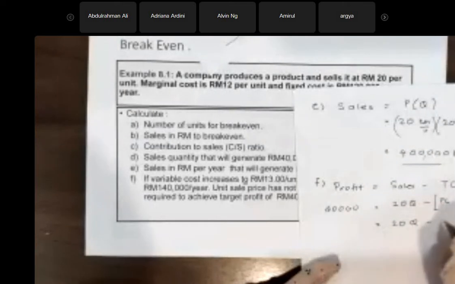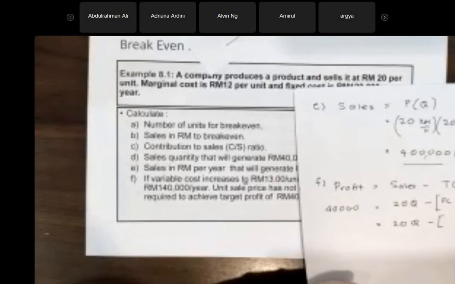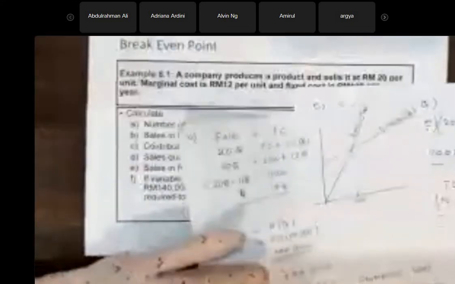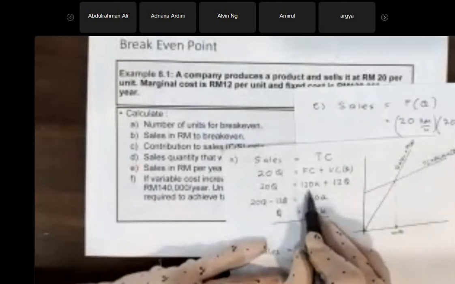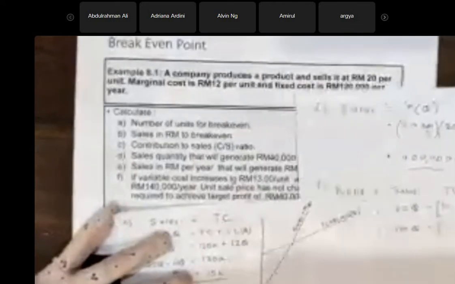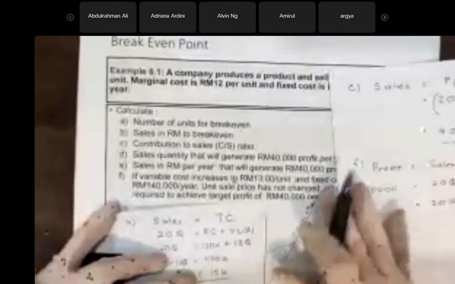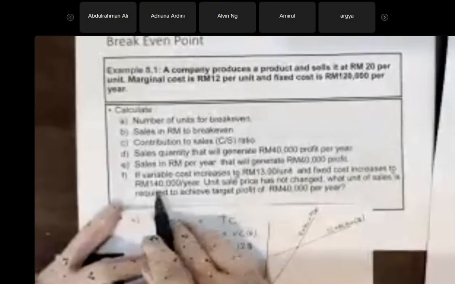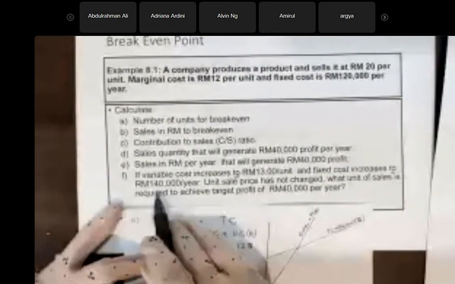Let's show one by one. What is the number of fixed cost here now? The old one is 120. Now it increased to 140,000, 140.